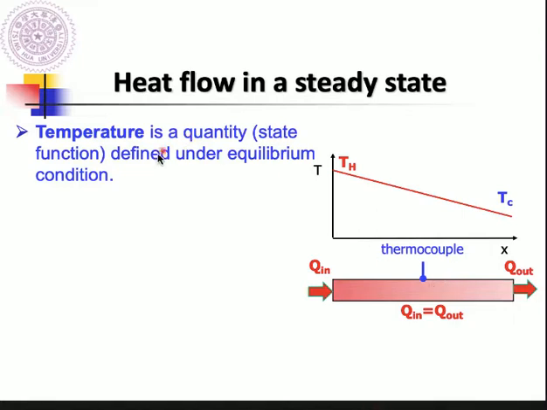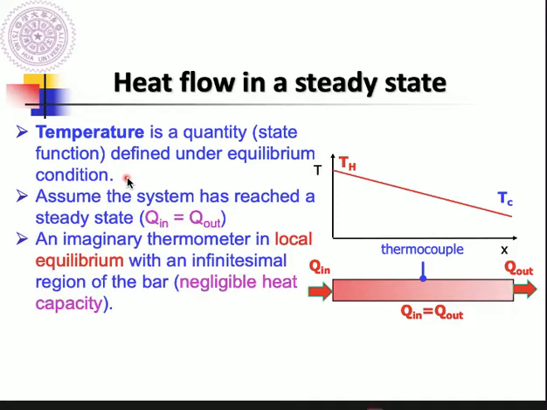We measure the state function temperature as our indicator, and use a thermocouple to measure the temperature profile along this metal bar. Assume in the beginning, when we turn on the heater and the cooler, Q in and Q out may not be equal. But after a while, as long as Q in equals Q out, the system will reach a steady state. That means the temperature profile measured on this metal bar does not change with time.